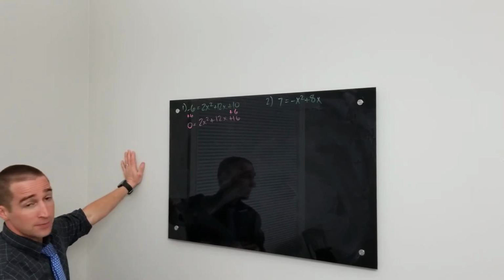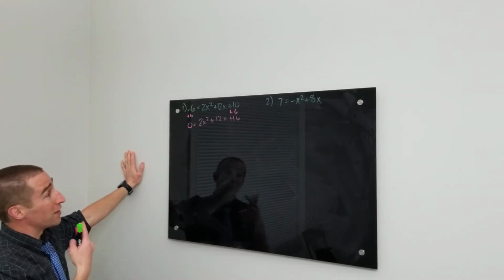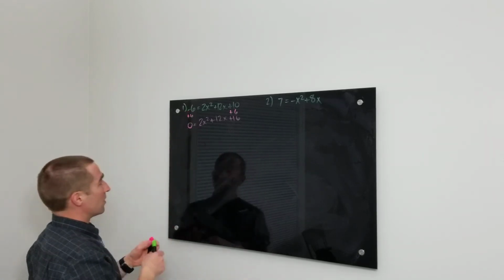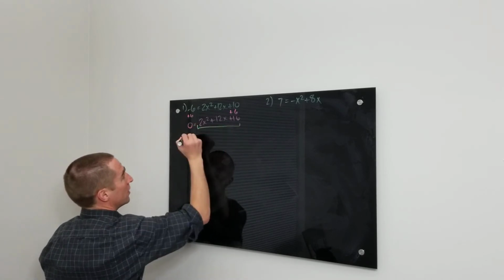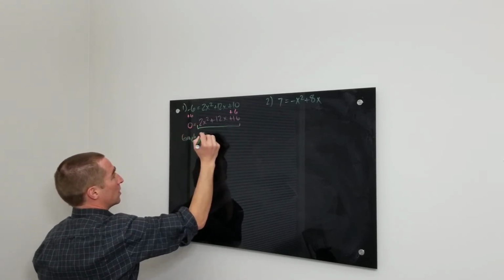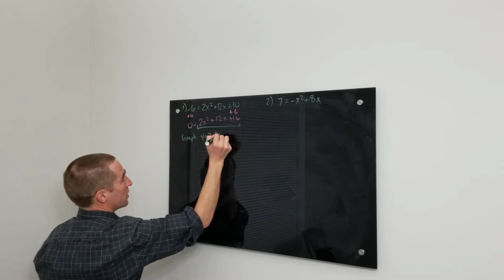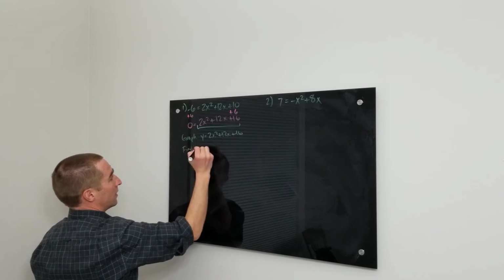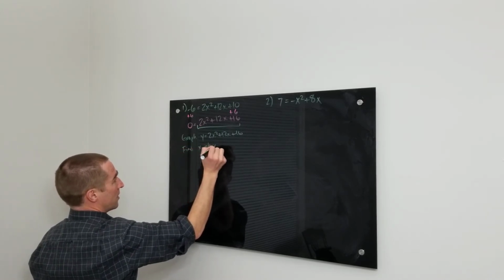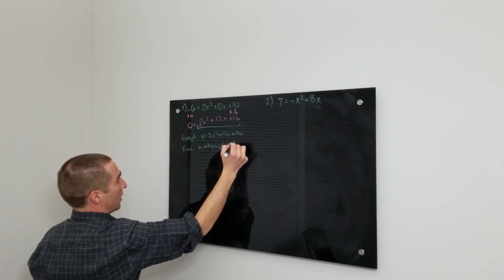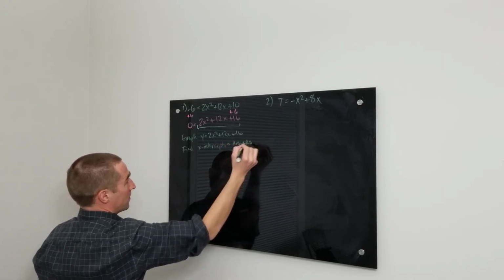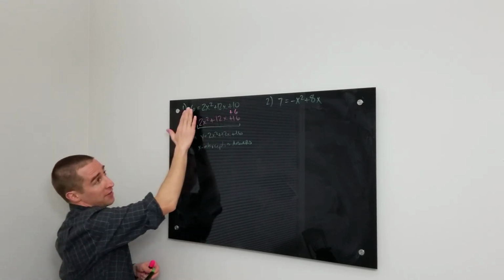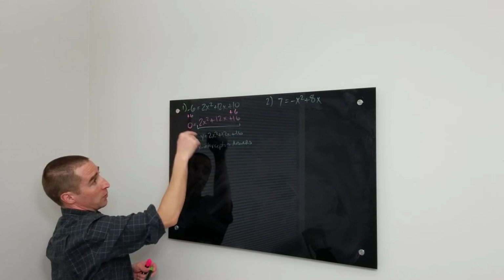With this, I can graph y equals 2x squared plus 12x plus 16, and then find the x-intercepts. Those are the answers. Those are our solutions. The x-intercepts are when y equals 0.